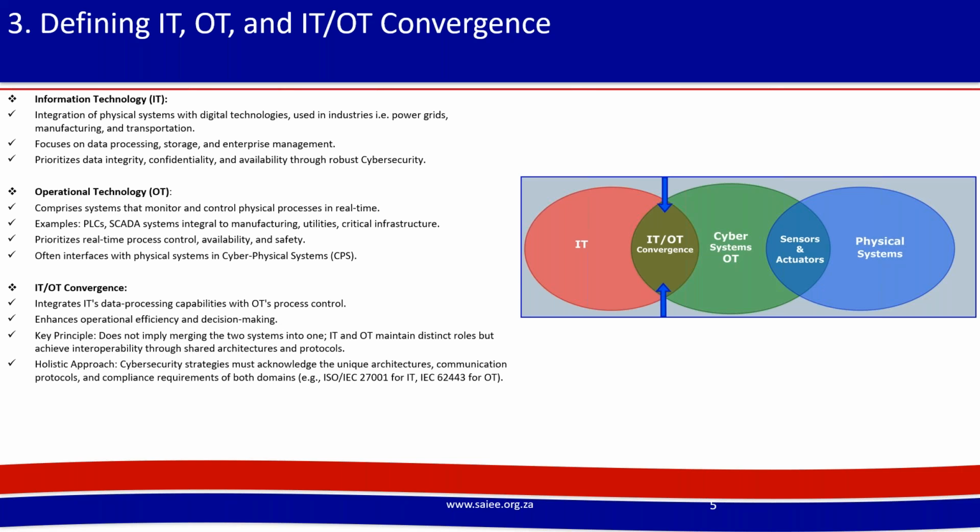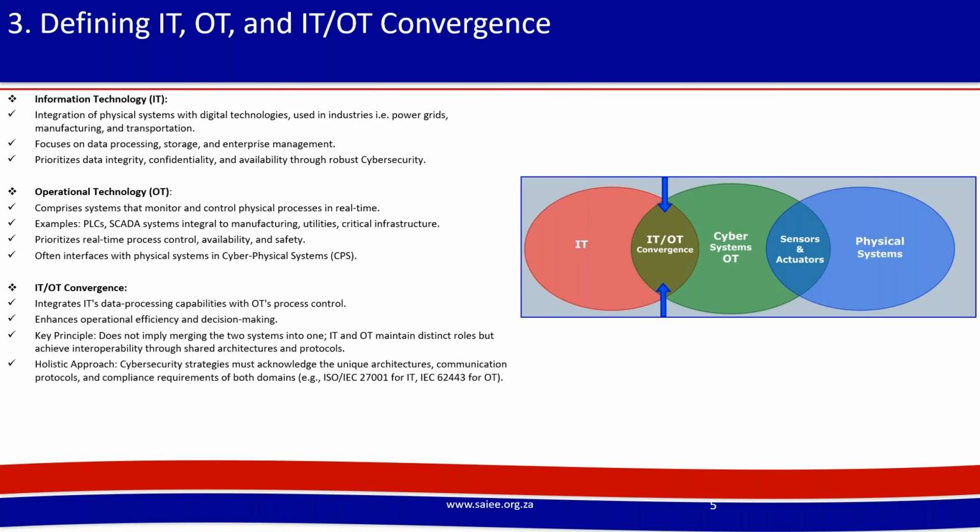However, it's vital to understand that this isn't about merging them into a single homogeneous system. Instead, it's about enabling secure interoperability. Both IT and OT retain their unique characteristics and priorities.